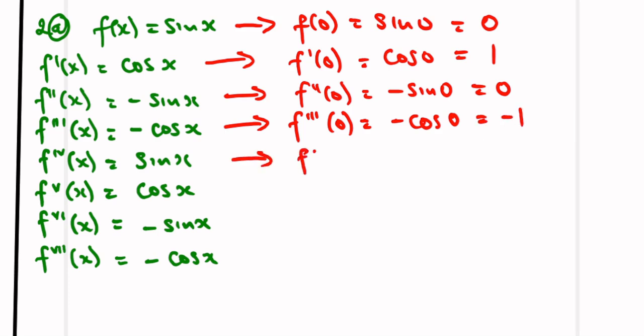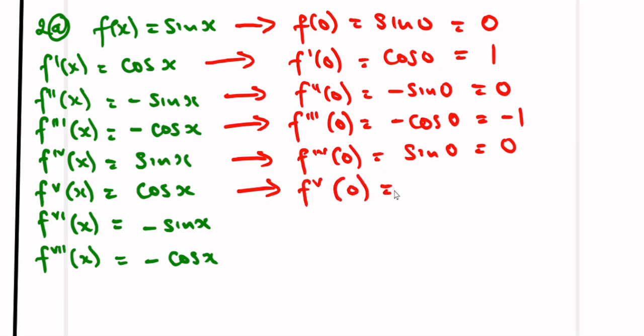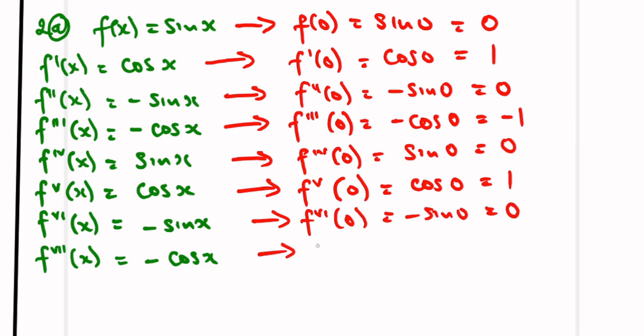Now the fourth derivative of 0 is equal to sine 0, which is 0. The fifth derivative of 0 gives me cos 0, which is 1. Then the sixth derivative of 0 is minus sine 0, which is 0. And then the seventh derivative of 0 gives me minus cos 0, which is minus 1.